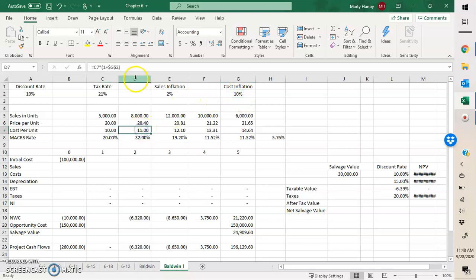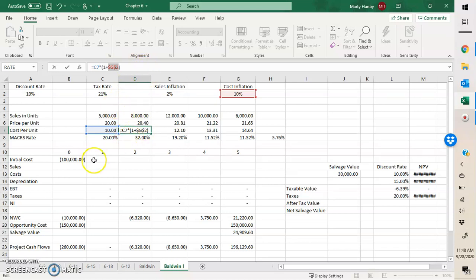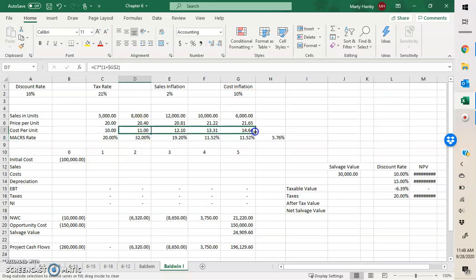So we create this formula, and at least the way my computer is set up, to get the absolute you would hit the function or FN key and F4. So you can see that you want to lock in that cell. That's what those dollar signs do. Again, you just drag that across and it shows you what the cost per unit grows to.